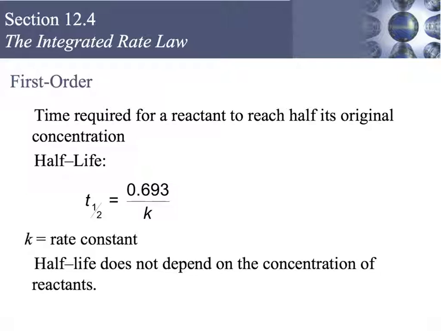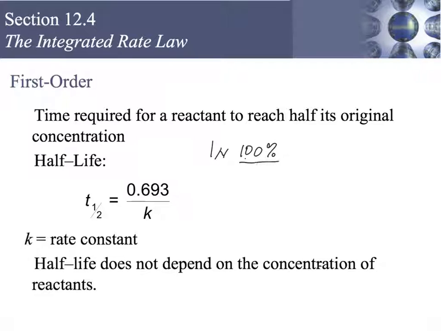One useful idea that comes out of the integrated first order rate equation is the idea of half-life. Let's say we start off with whatever the concentration is, and we call that initial concentration 100%.